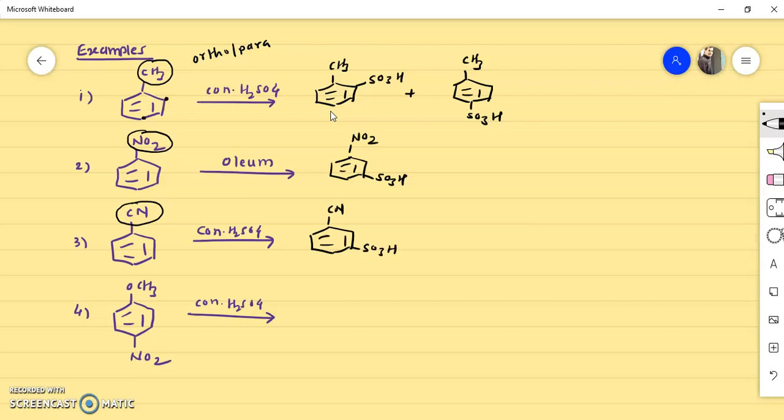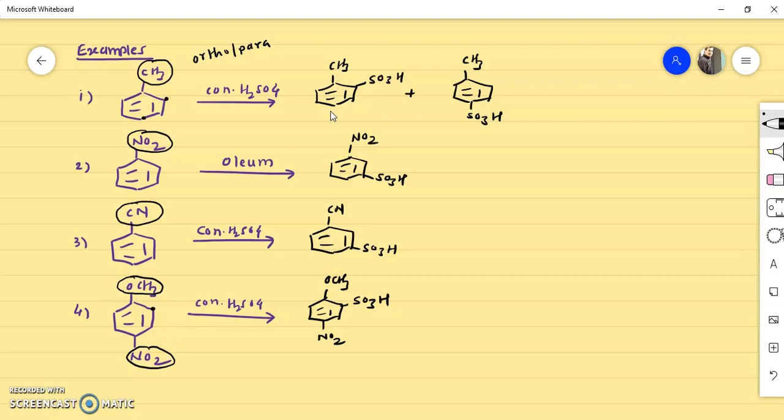Now here if you see this example, this is an electron donating group and this is an electron withdrawing group. So the incoming electrophile will come ortho with respect to this OCH3 and this position becomes meta with respect to this NO2. So the product will be this OCH3, NO2, SO3H. So these are a few examples of this sulfonation reaction.